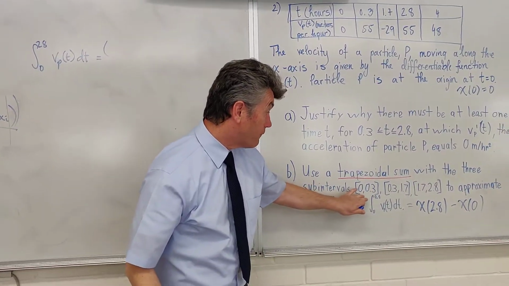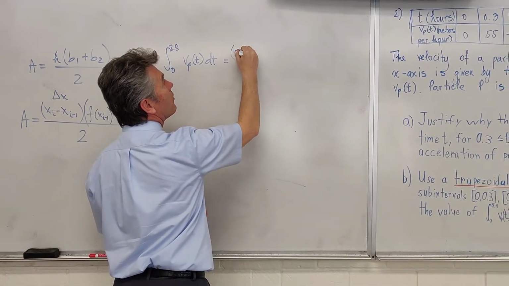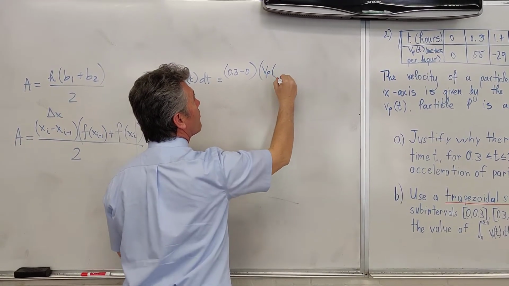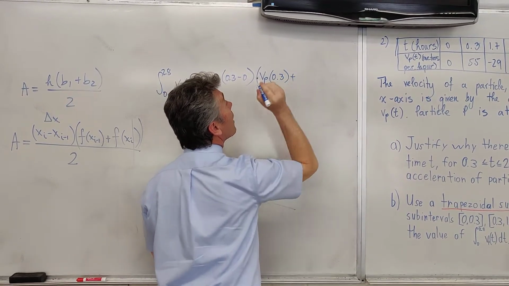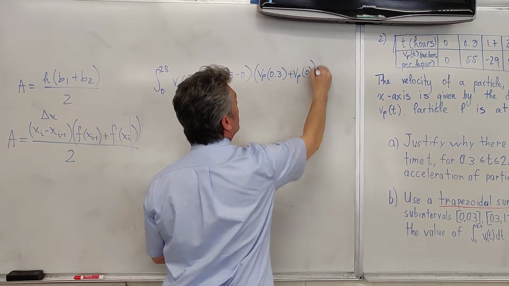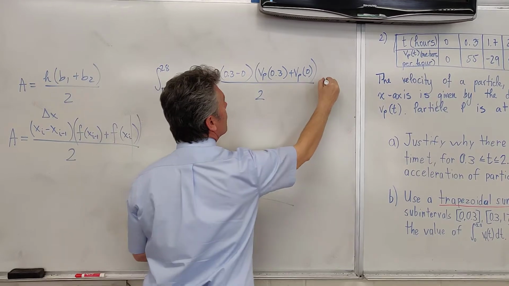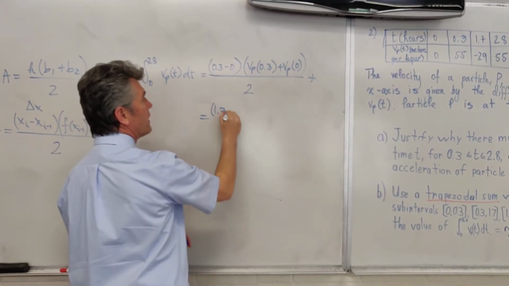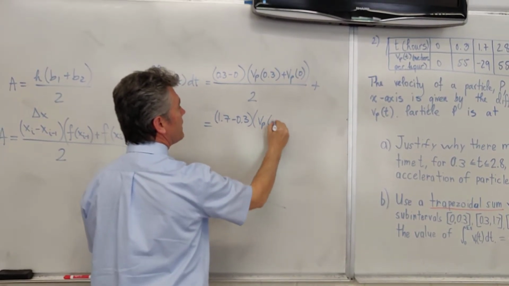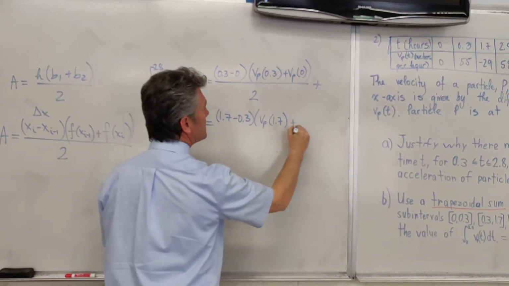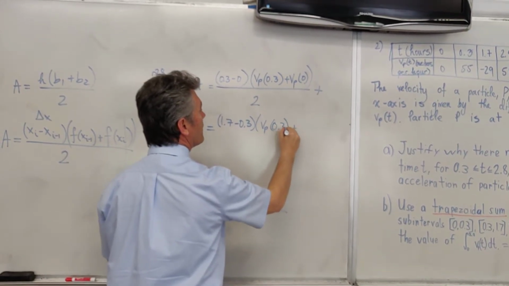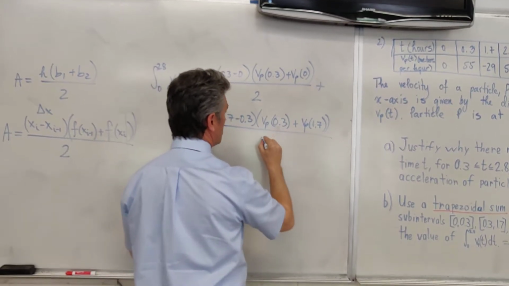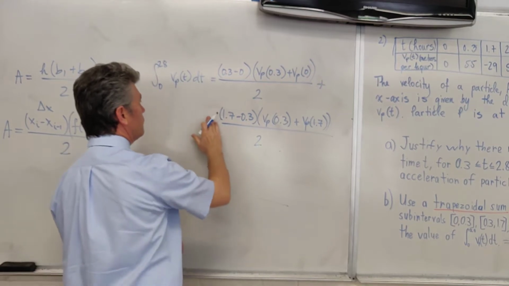The first interval is from 0 to 0.3, so it's going to be 0.3 minus 0, there is your change in x, times the velocity of particle p evaluated at 0.3 plus, I apologize, plus the velocity of particle p at 0, divided by 2, plus, for the second interval, the change in x will be 1.7 minus 0.3, so 1.7 minus 0.3 times v sub p of 0.3 plus v sub p of 1.7, divided by 2, and then plus.